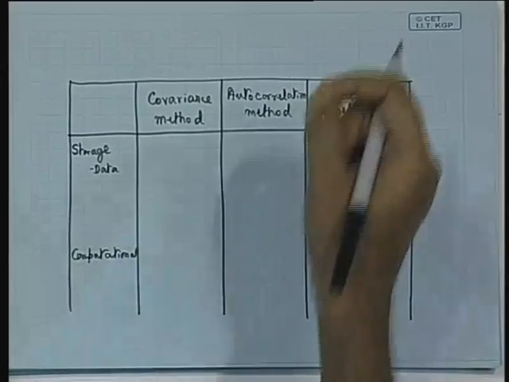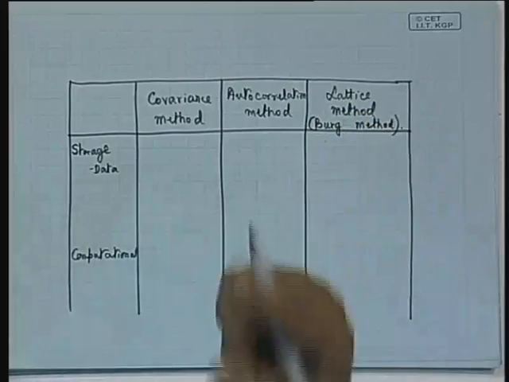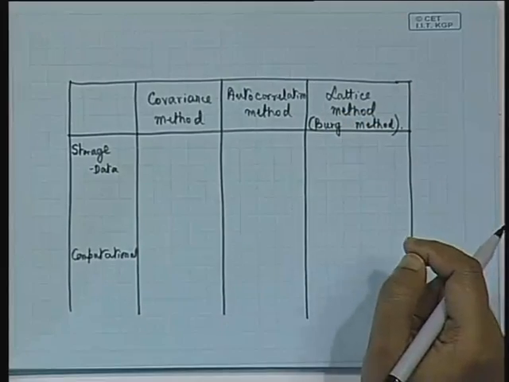Remember, in the covariance method also we were truncating the series to N number of samples. In the autocorrelation method also we were having N number of samples, and in the lattice method also, whenever we are inputting the samples, there is a certain finite number of samples that we are bringing into the system.